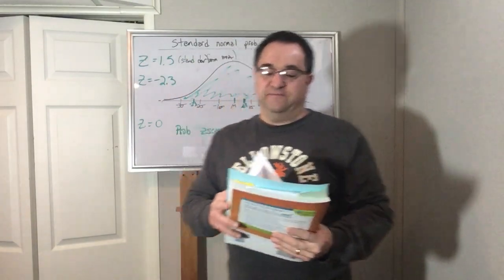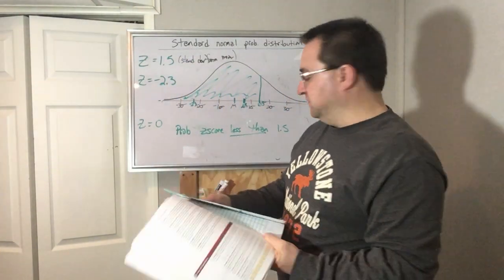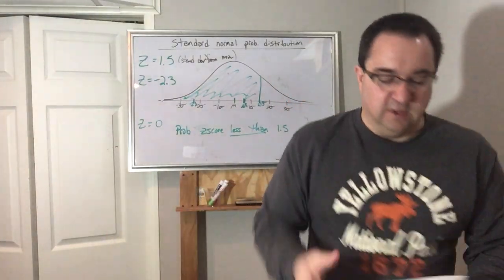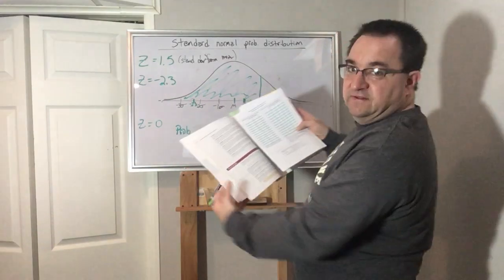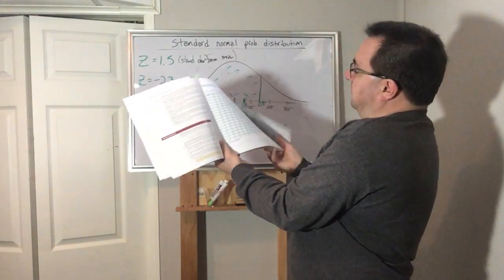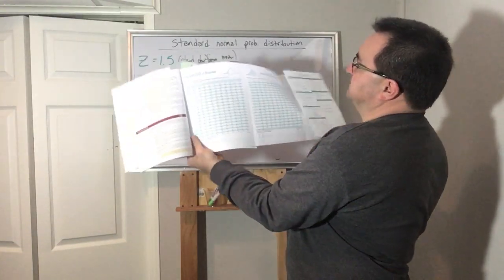And I'm going to try to find probably an online version of this, but let's find the page first. In your book, on page 76, there's a fold out here. And it says negative z-scores, positive z-scores.